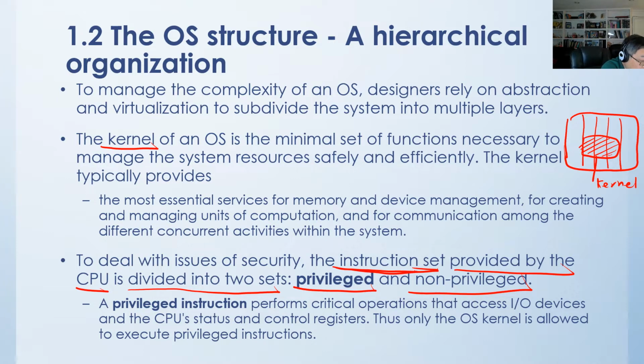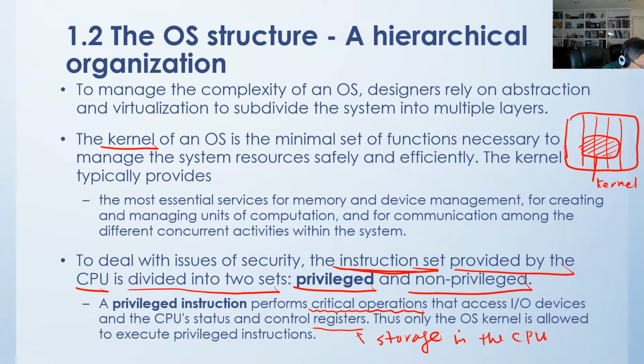A privileged instruction performs critical operations. Keep that in mind. A privileged instruction performs a critical operation that accesses I/O devices and the CPU's status and control registers. Now registers are the storage in the CPU and other devices.